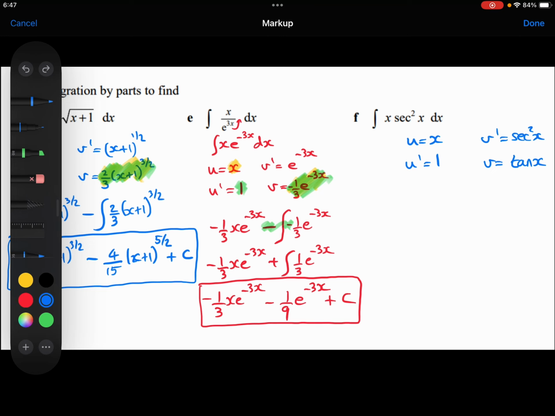Now applying the by parts formula, so u times v minus the integral of u dash times v.